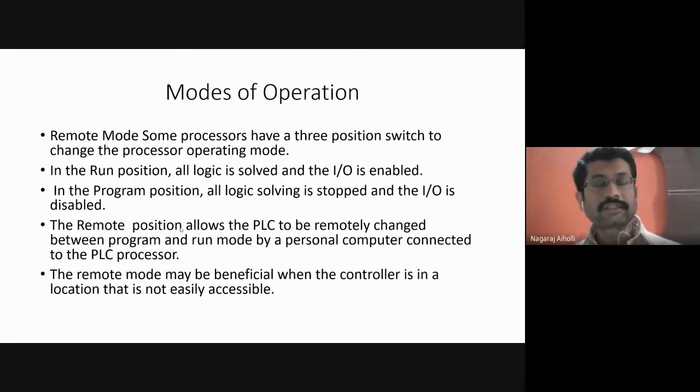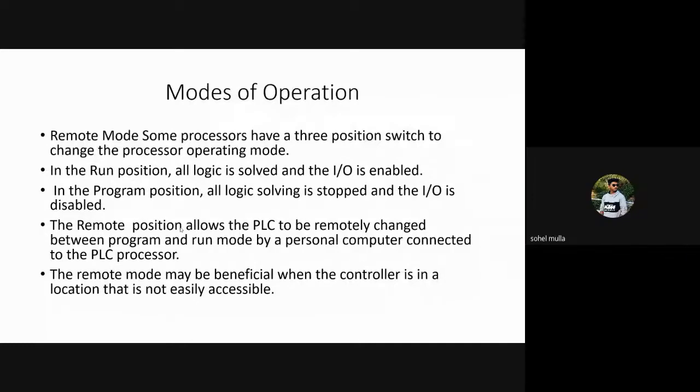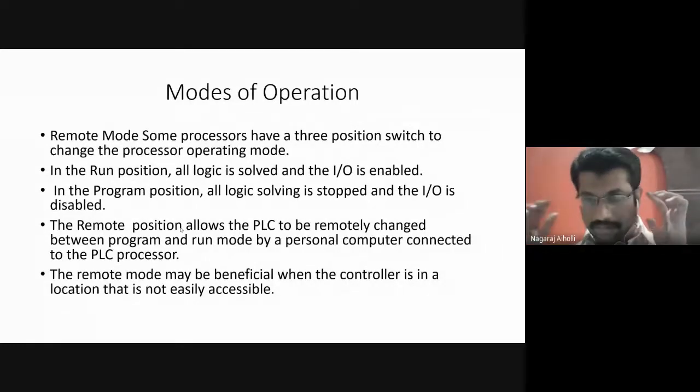This remote mode is doing the job of switching from the run mode to program mode. Okay, that switching over is done by this remote mode, and it is especially used when a personal computer is connected to the PLC processor and it is remotely located. The remote mode may be beneficial when the controller is in a location that is not easily accessible. Okay.